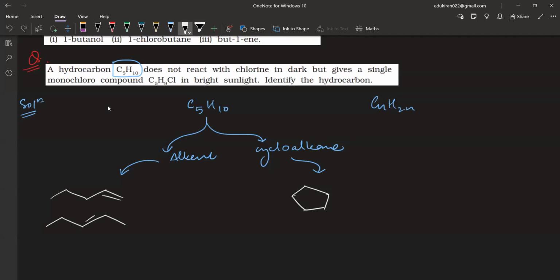The first thing is that they are saying it does not react with chlorine in dark. So it does not react with chlorine in dark.